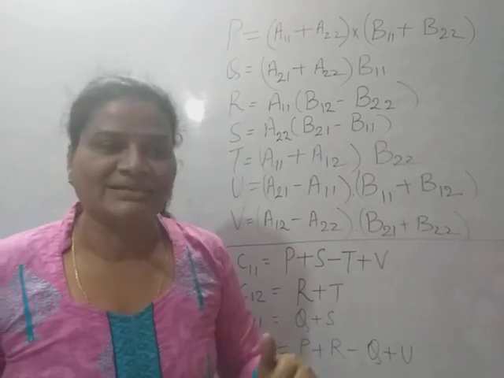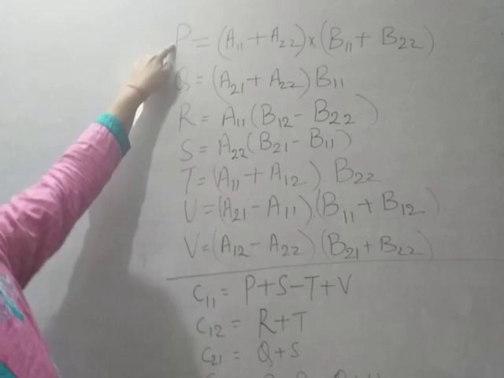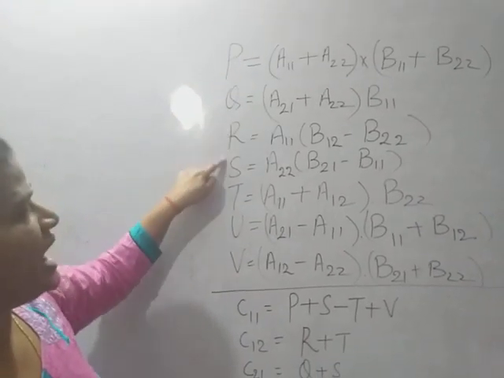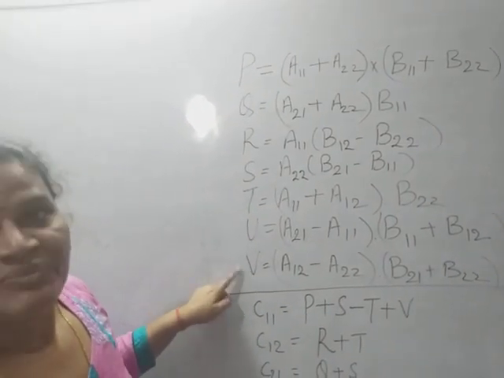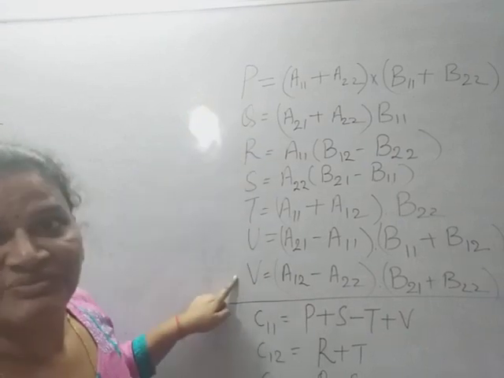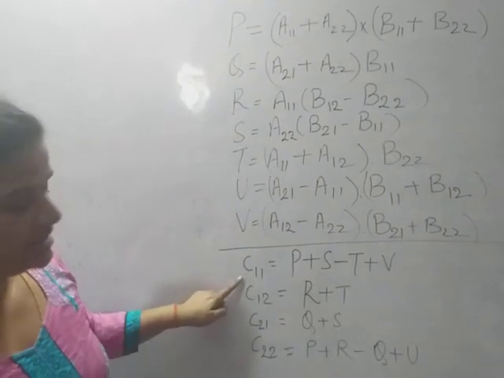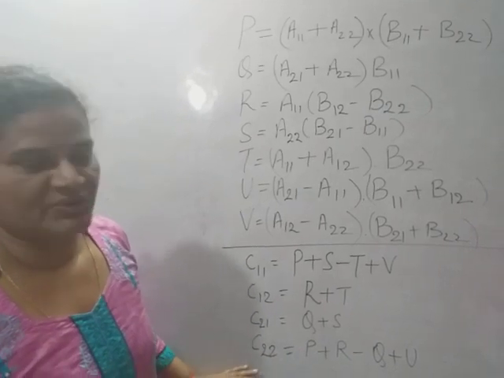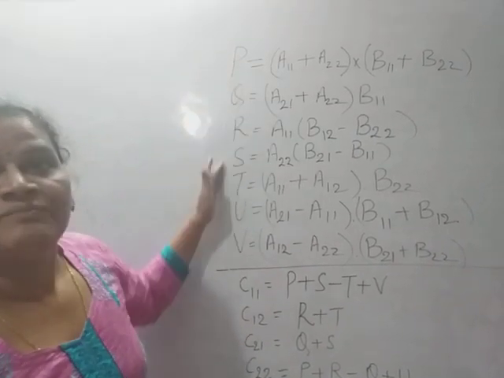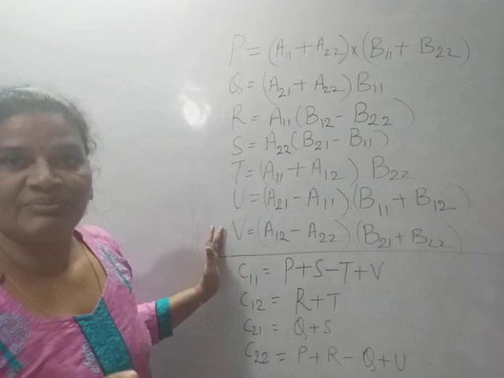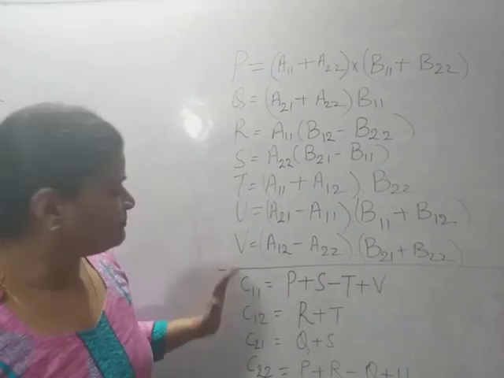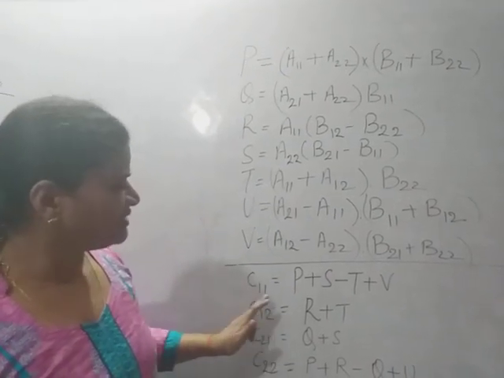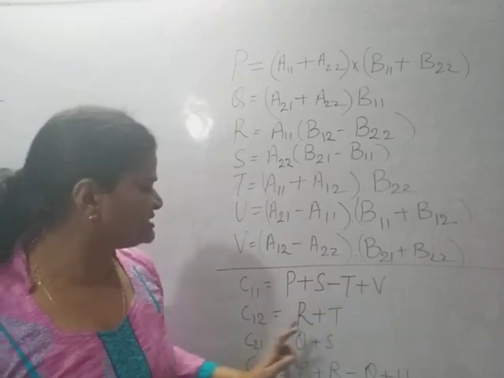And here Strassen has introduced the 7 variables P, Q, R, S, T, U, V, and using these variables, C11, C12, C21 and C22 are to be computed. These are the 7 constants given by Strassen to compute C11. C11 is P plus S minus T plus V and so on.